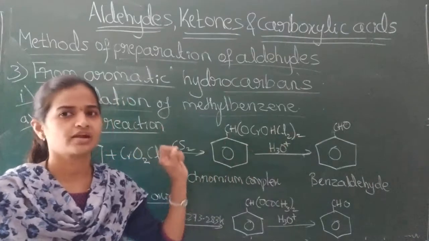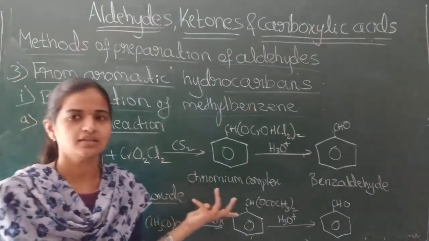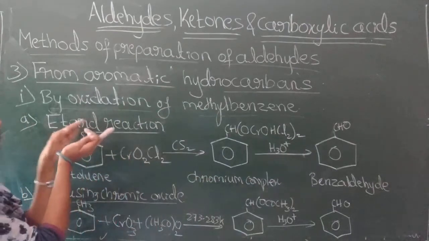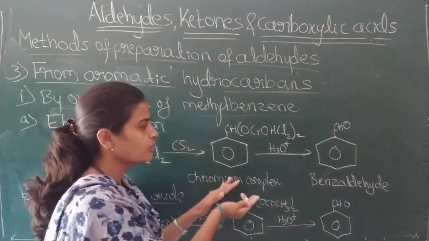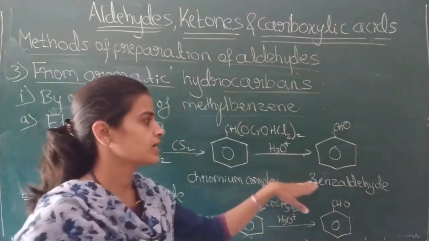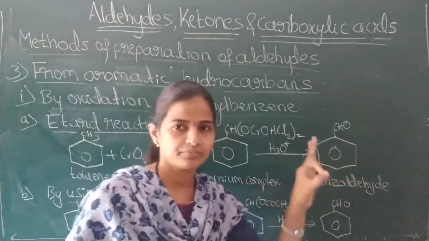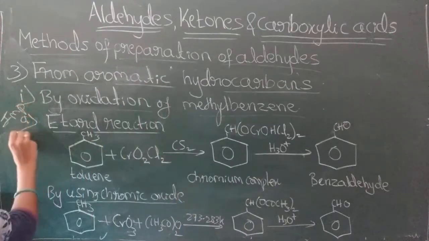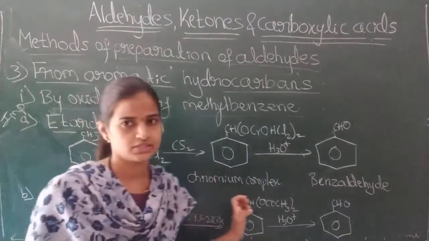You can just practice this reaction because we are not discussing the mechanism here. This chromyl chloride oxidizes the methyl group to form a chromium complex, which on acid hydrolysis gives benzaldehyde. This reaction is called the Etard reaction, which is one of the named reactions.